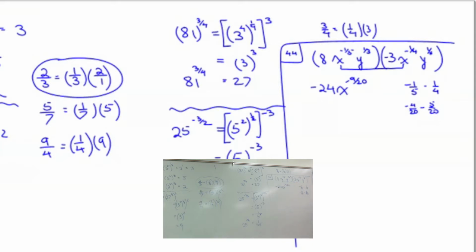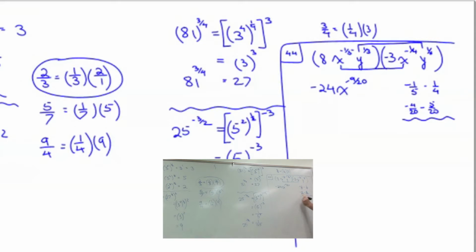Okay. And then we're going to multiply the y's. Y to the 1/3, y to the 1/6. What property allows me to multiply those two together? Commutative. And if you multiply them together, what are we going to do with 1/3 and 1/6?